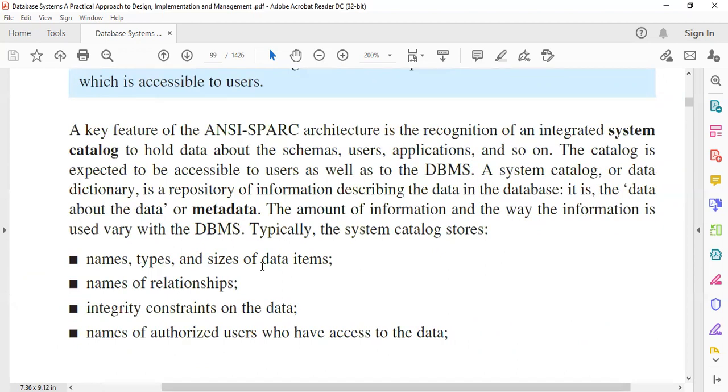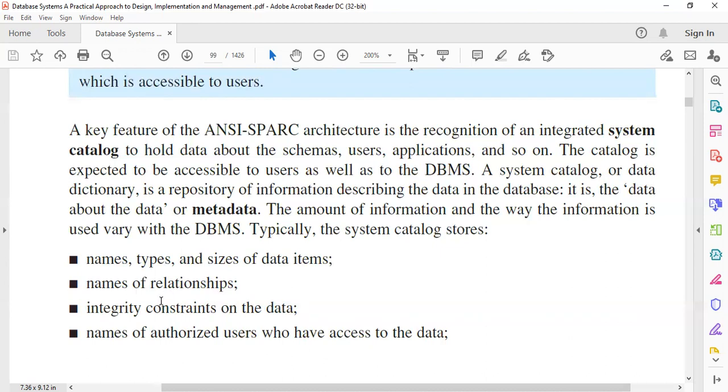I believe you found this in your module 1 in Access, where you define the names of the tables, the names of the columns, the types, the sizes, and so on. The information may also include names of relationships. I don't know whether you were able to name the relationships in your Microsoft Access. So this metadata includes names of relationships.